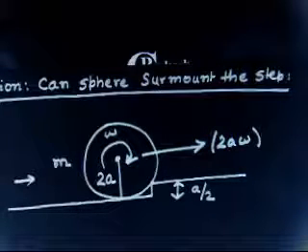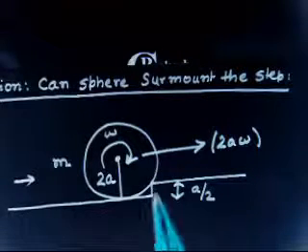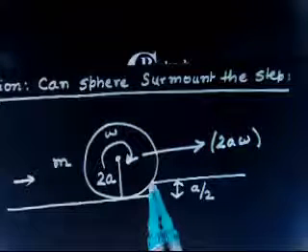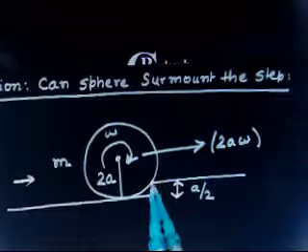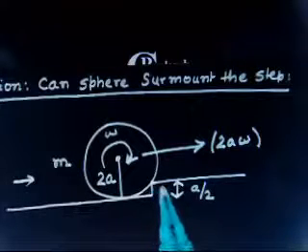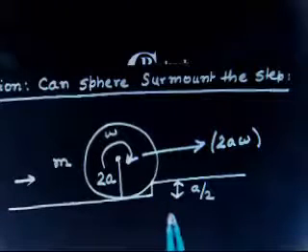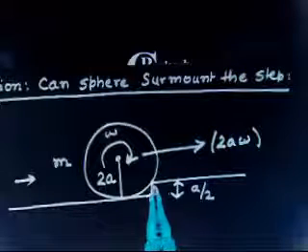If the edge of the step is rough enough to prevent slipping, so this is given to us. This says this edge has a lot of friction. It has friction, so it's rough enough to prevent slipping. So there is no slipping at the point of contact, that's the point where the sphere is going to collide with this step. So at this point friction is still enough to prevent slipping.